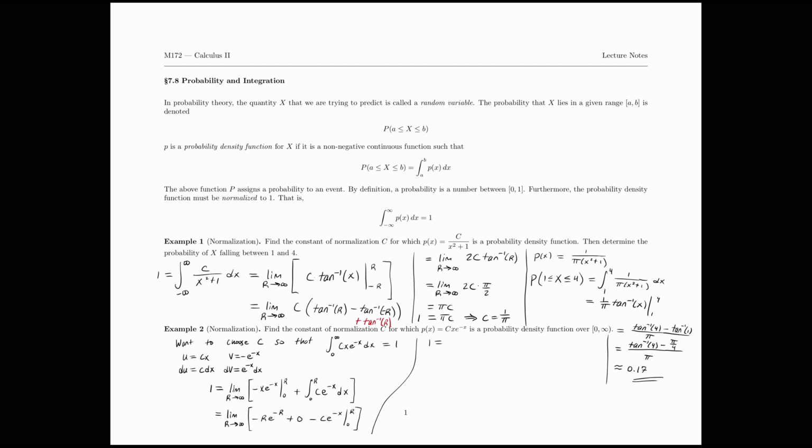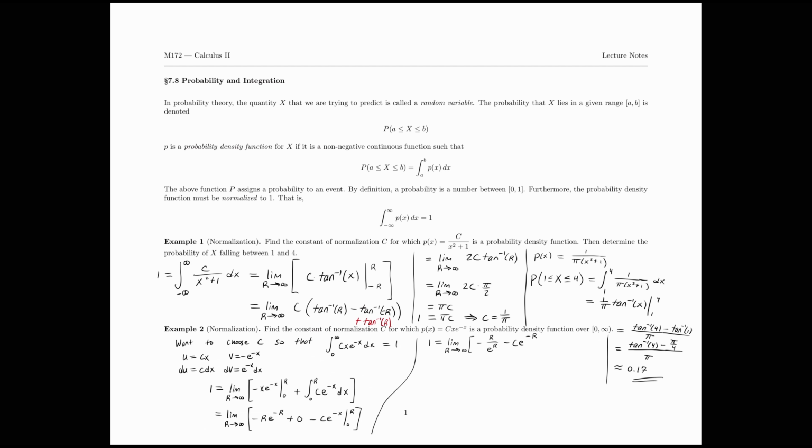So continuing, 1 equals the limit as r approaches infinity of negative r over e to the r. I'm going to just drop that negative exponent and take it downstairs. Minus c e to the negative r.